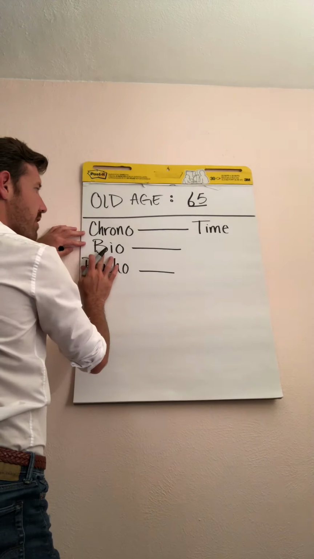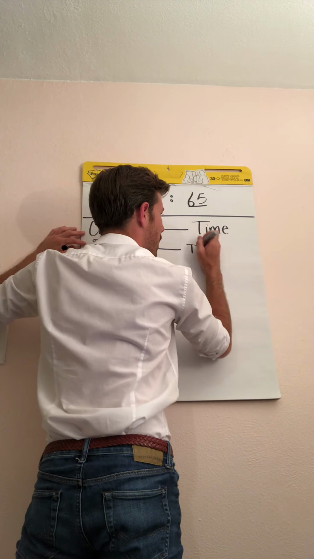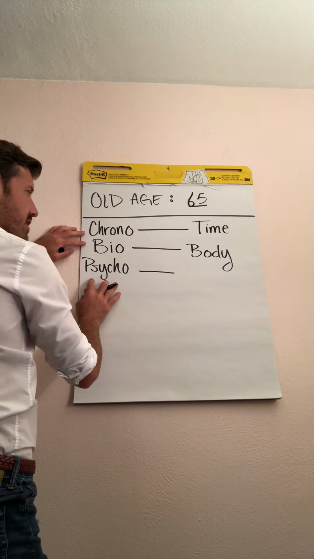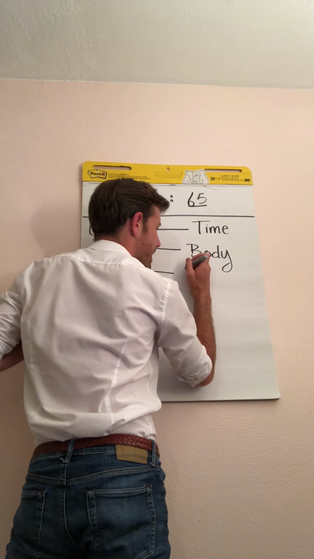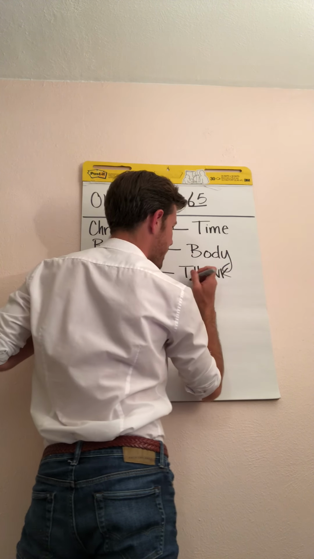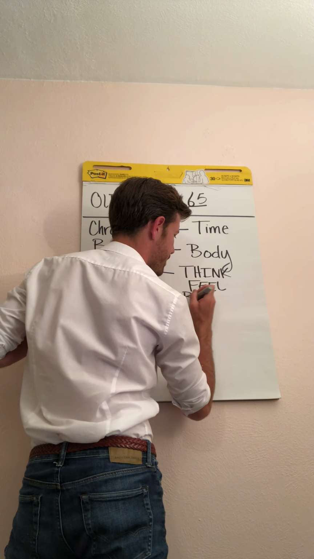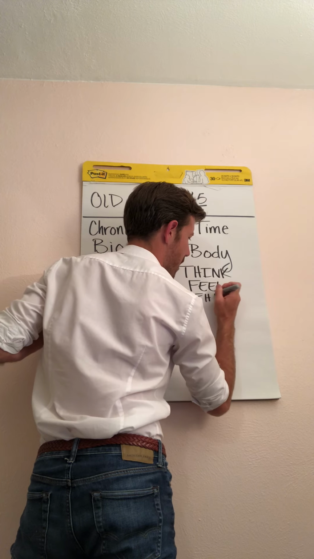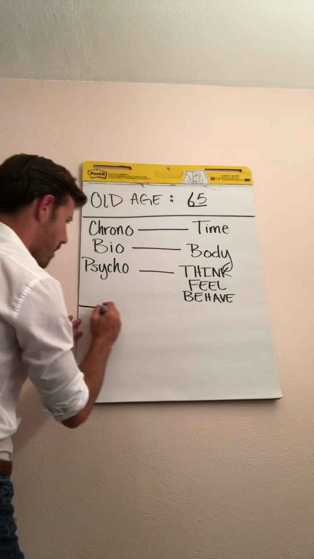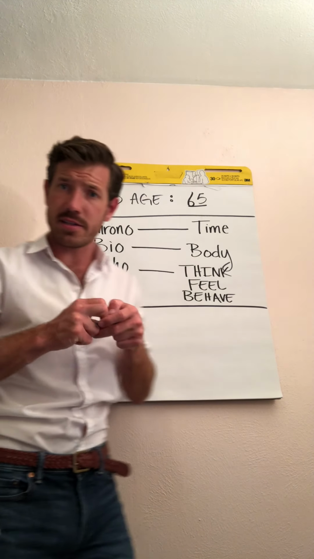If we're looking at biologic, we're looking at the function of their body. If we're looking at psychologic, we're looking at the way that they think, the way that they feel, or how they behave. Good. And those are different ways to assess age.